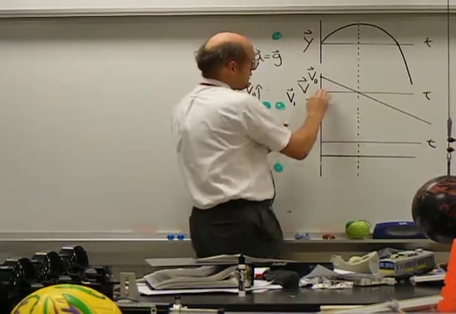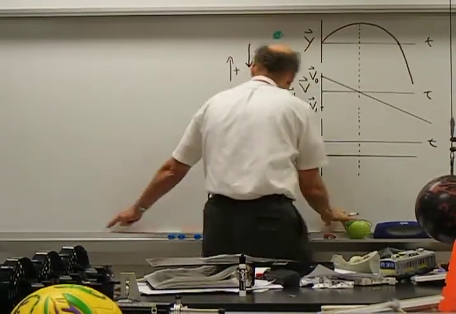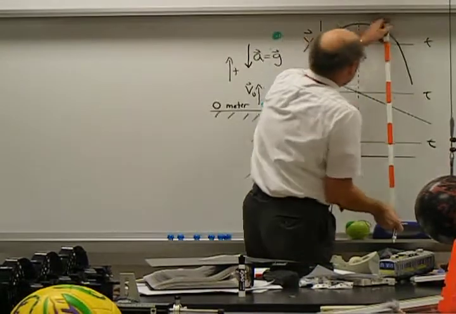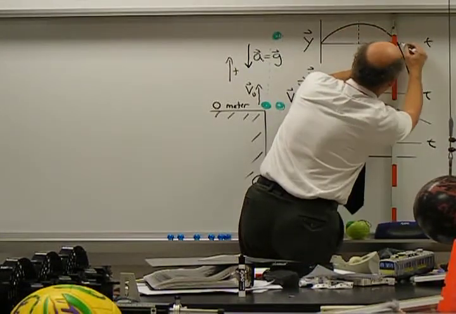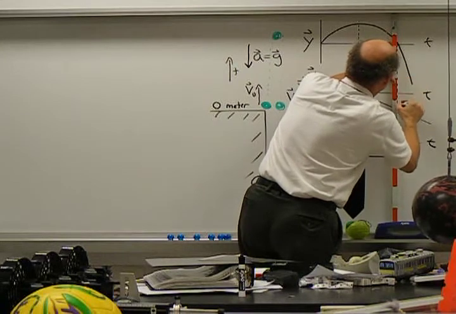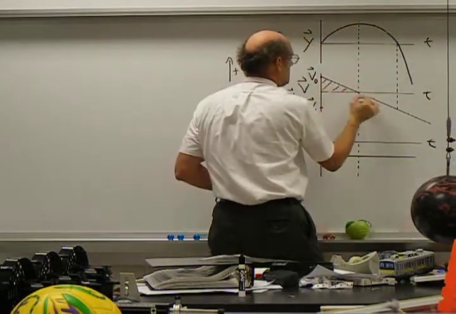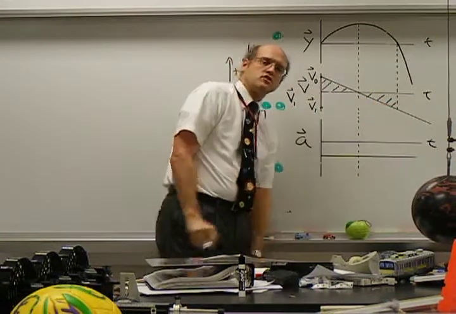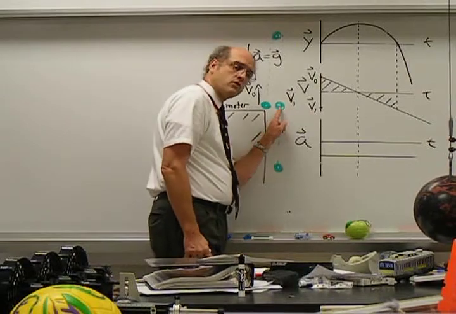The area under a velocity time curve, recall, is the displacement. So if I found this area here, you can almost see that it should be equal to 0, and it should be, because isn't the ball back where it started from?